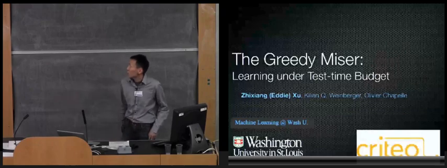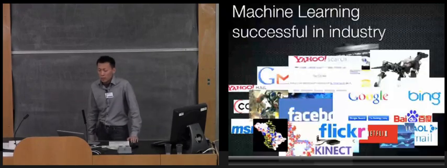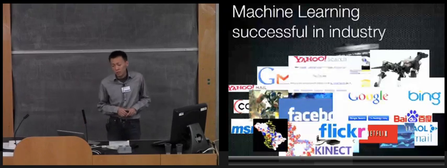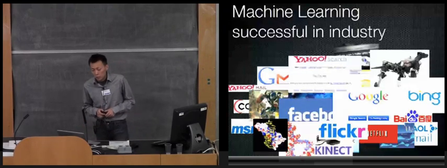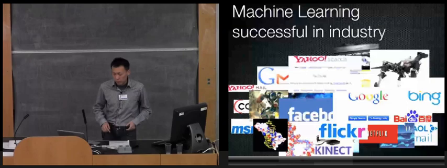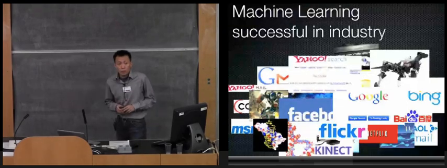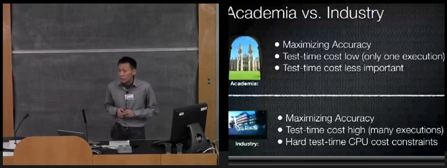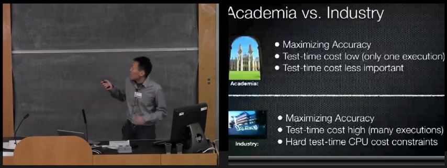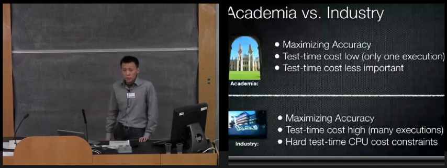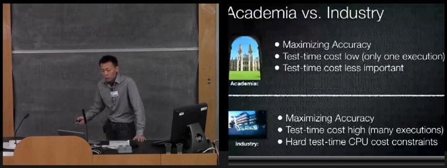In the past few years, machine learning algorithms have successfully entered industry through many real-world applications, such as web search ranking, email spam filtering, and product recommendations. Industry is slightly different from academia. In academia, when we design an algorithm, we want to maximize accuracy, and the testing cost is not that important because algorithms are usually executed only once.